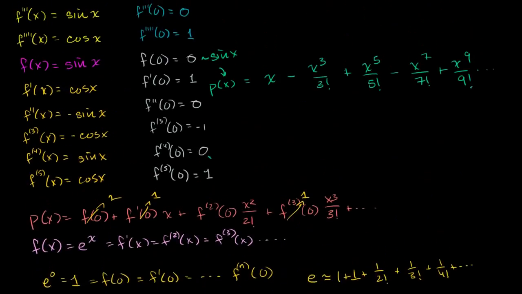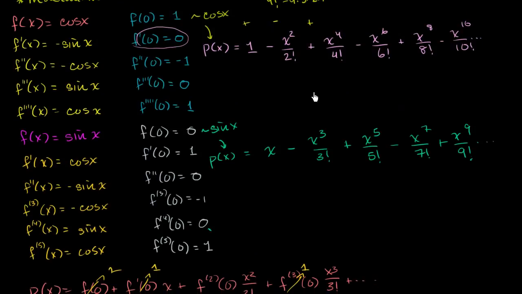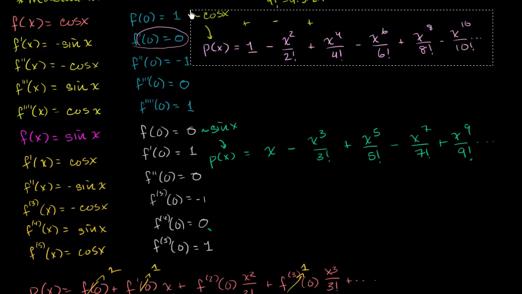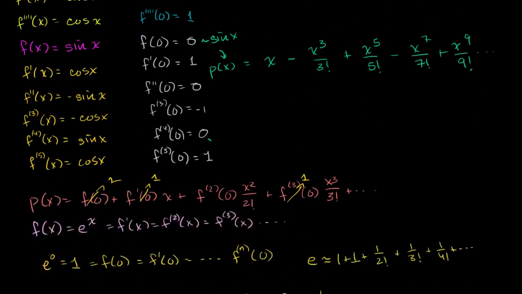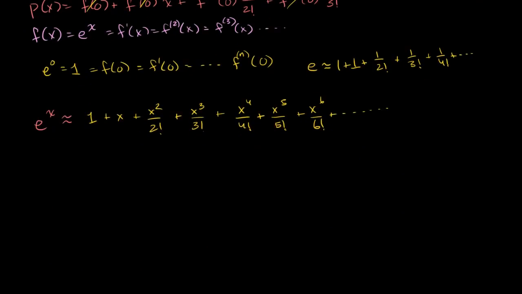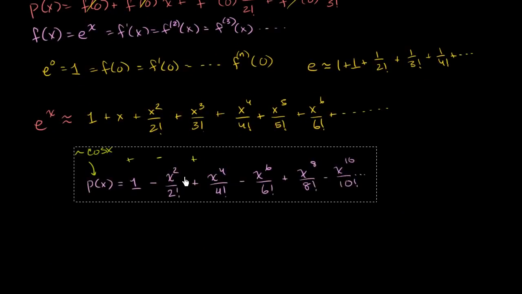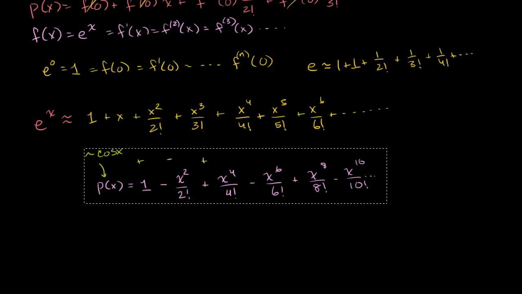If we look back at our Maclaurin representations of these other functions, cosine of x, let me copy and paste cosine of x right up here. So that is cosine of x.